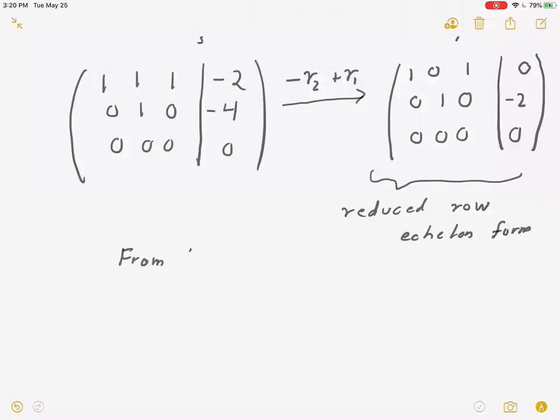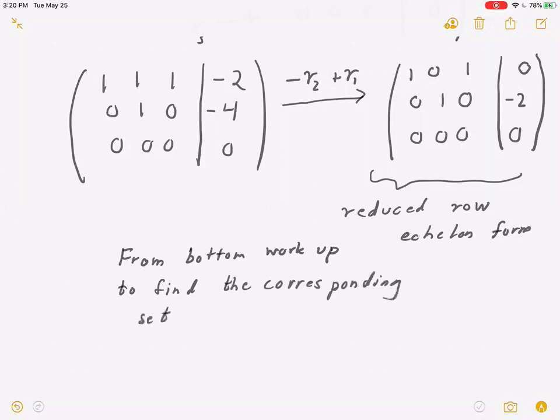So I start from the bottom and work my way up to find the corresponding set of algebraic equations. And so what are they?